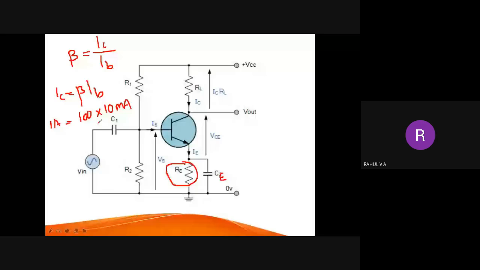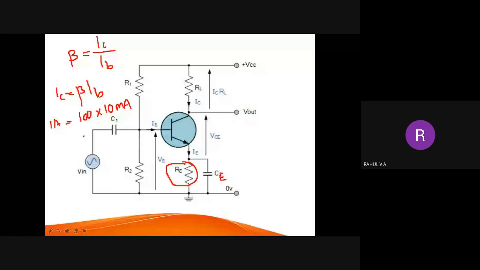So if you give some 10 milliampere current to the input, 10 milliampere into the beta value, which for a normal transistor will be greater than 100. So 100 into 10 milliampere is 1 ampere. So when you have given 10 milliampere at the input terminal of a transistor, it gave you some 1 ampere current at the output. So that is how a transistor will amplify.